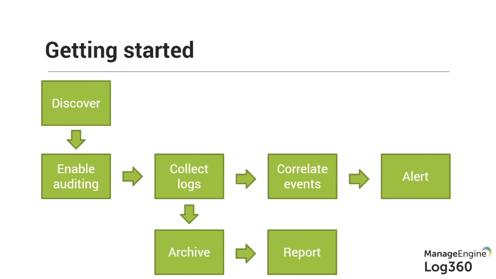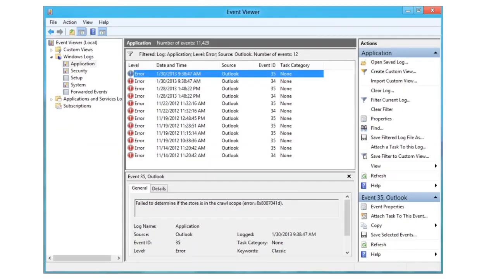Now, once you do that, and once the logs start getting generated, it might seem like your work is done, but unfortunately, Microsoft only provides us with Event Viewer that you see on the screen right here, and this is not going to cut it, right? Now, it's going to get written onto your application logs, of course, just like how you have the application log and security log and the system log. Your SQL and IIS logs are going to get written to the application log, right? And it's going to get really messy if you're going to use the application log and Event Viewer for reporting and alerting, right?